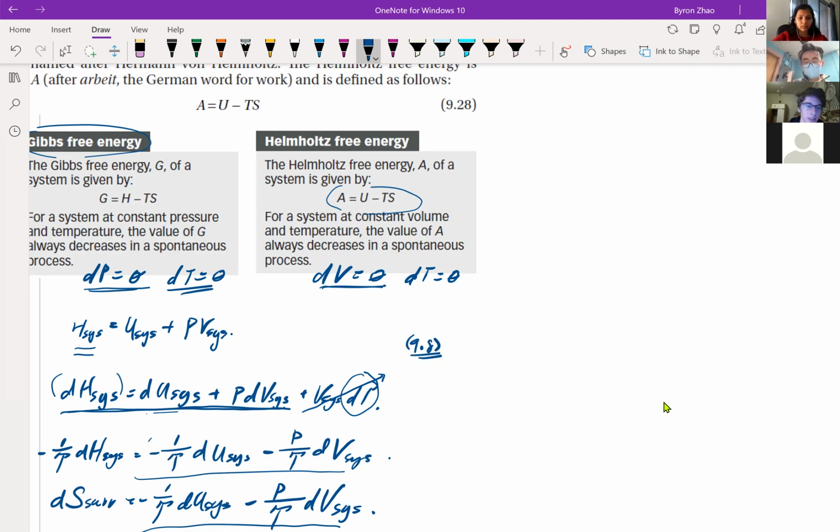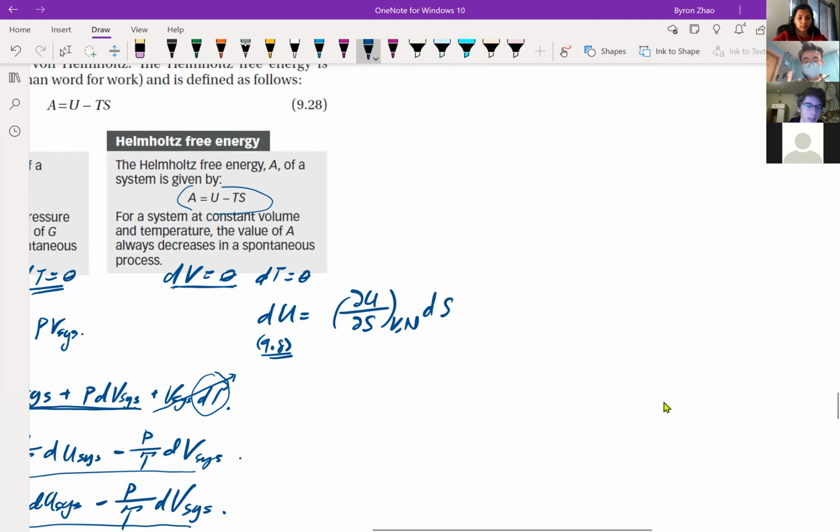It's equation 9.8, where for a system, the energy can be described as dU equals the partial derivative of U with respect to S under constant volume and number of molecules, dS. So this has to do with the entropy of the system, so this is the entropy term. Plus the partial derivative of U with respect to V under constant S and N, dV.